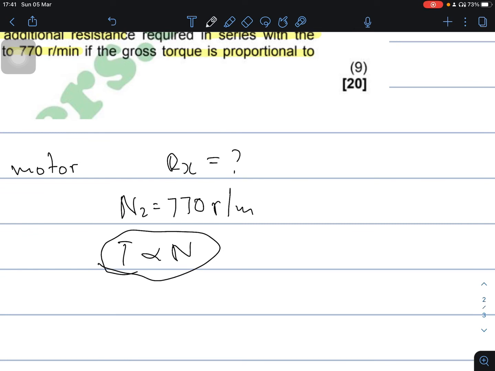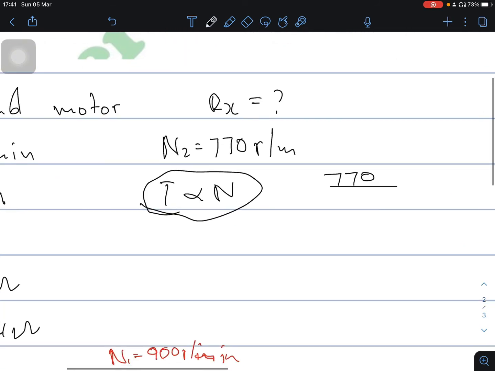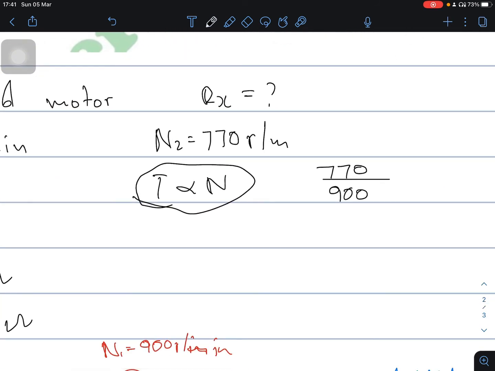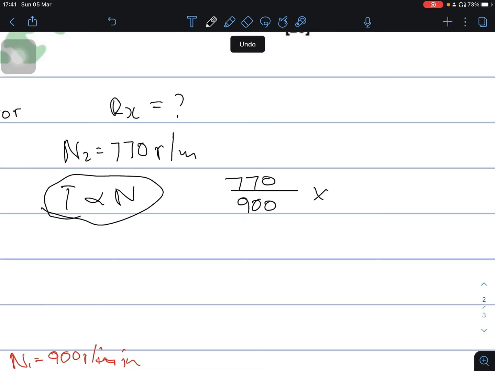We're going to say 770 over 900 times 100%. Let's see, 770 over 900 times 100 is going to be 85.556%.